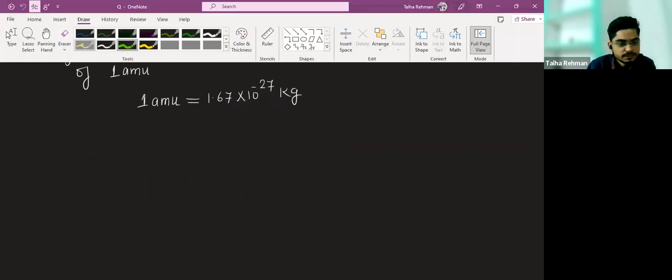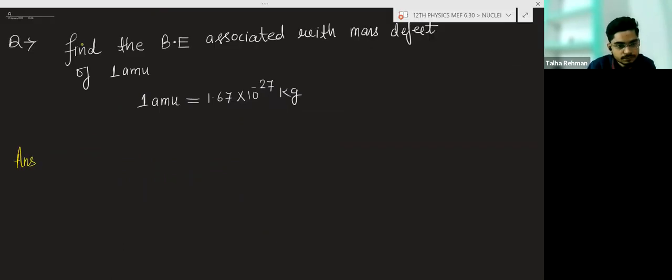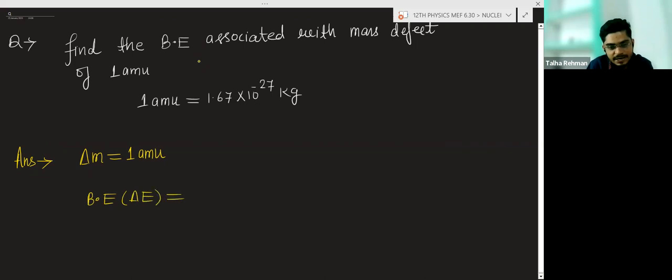The mass defect, delta M, is given as 1 AMU. Binding energy is the energy due to the mass defect, so you can represent binding energy with delta E, and delta E will be delta M into C square.